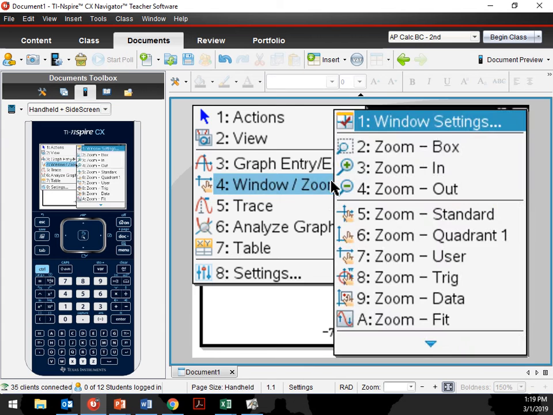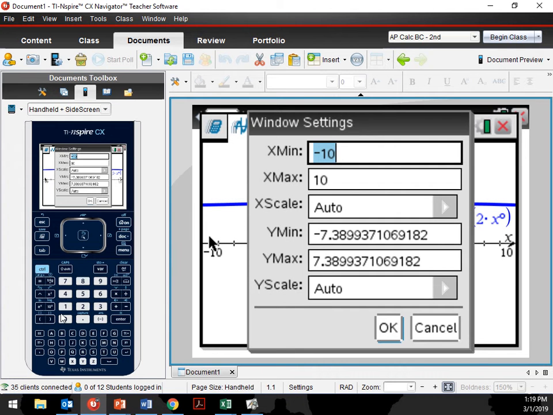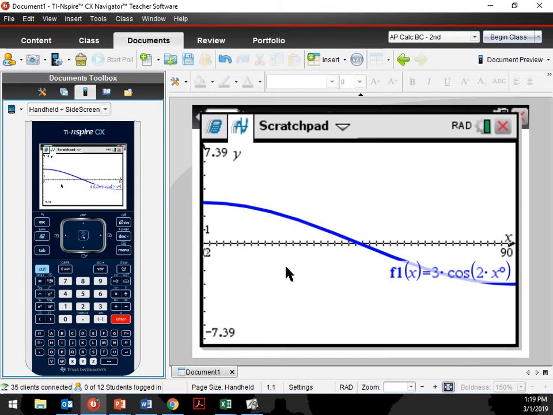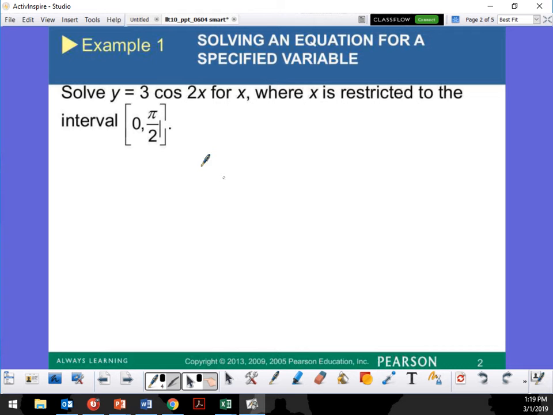Hit menu, window, 0 to 90. Now, here's my question. Can it be 90? You say yes. Why do I say yes, it could be 90?